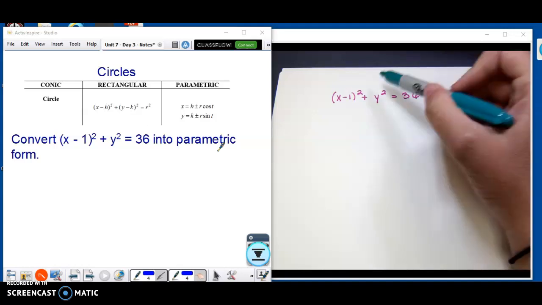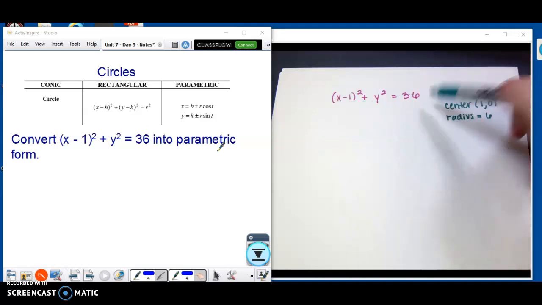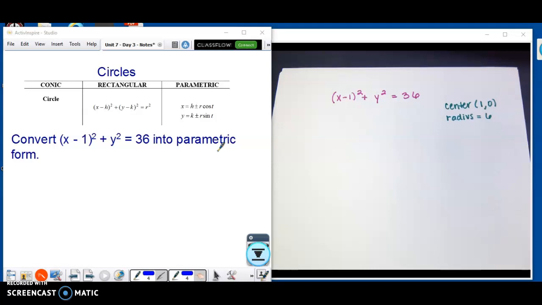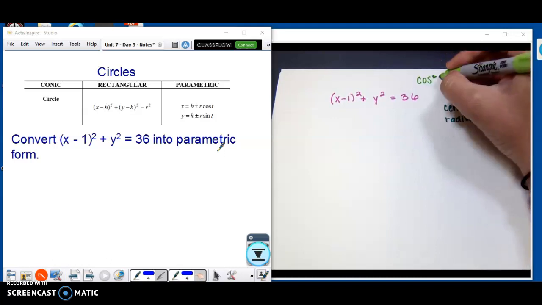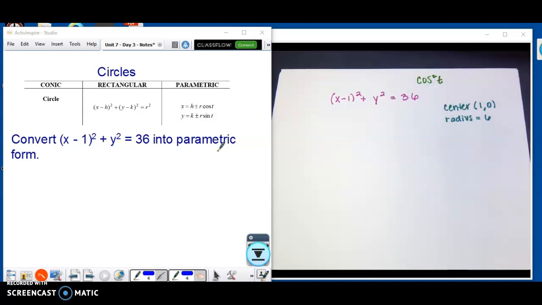So we want to change this, this rectangular form, into parametric form. The formula you're going to have to use for circles is your Pythagorean identity: cosine squared t plus sine squared t is equal to 1. You can really use whatever letter you want.